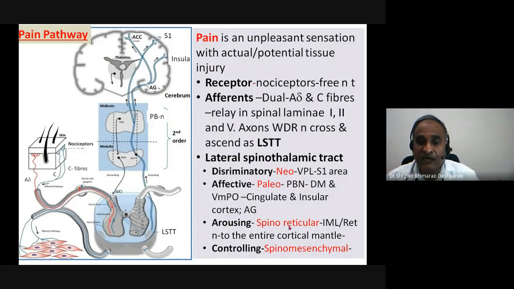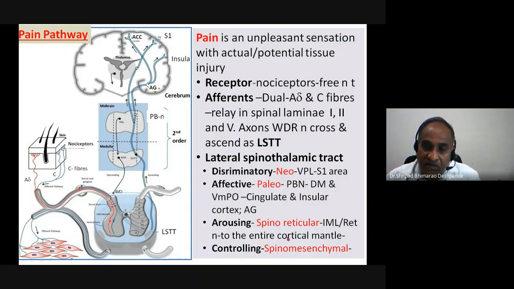Then we have another pathway that ends in the reticular system. These are spinoreticular pathways. From the reticular system there are projections to the thalamus, the reticulothalamic projections, with the reticular system extending from the medulla to the pons and the midbrain.